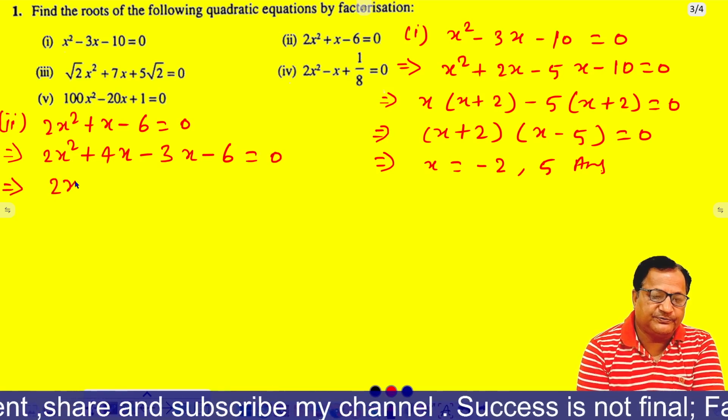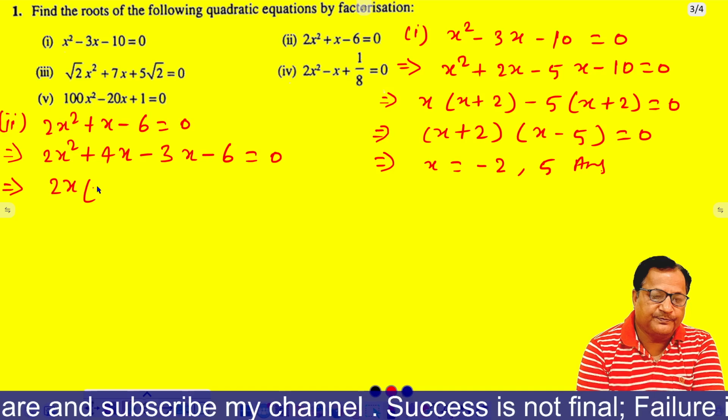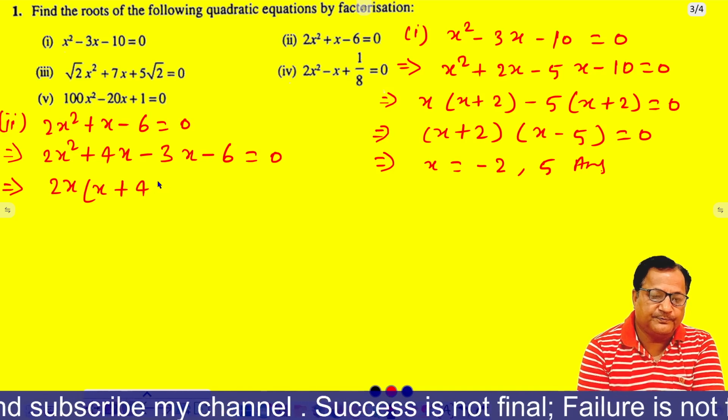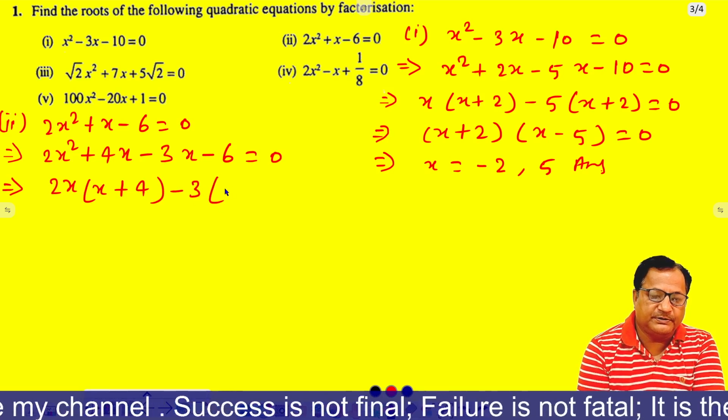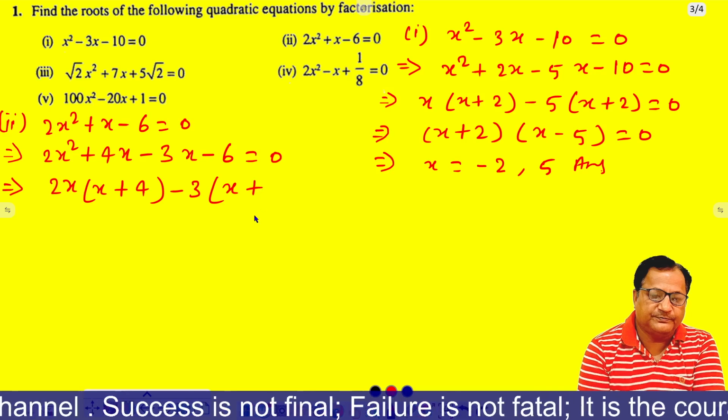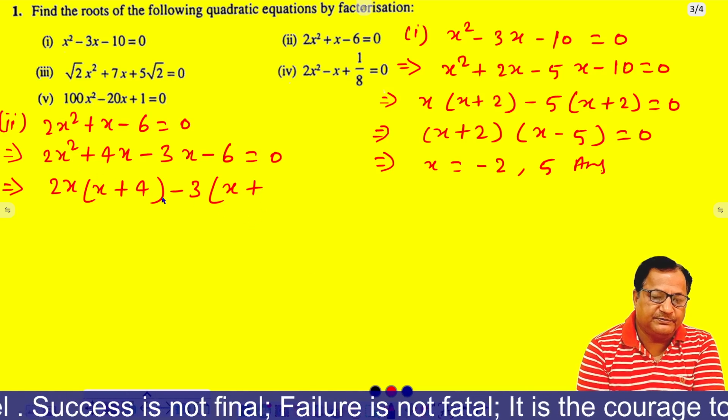Take common 2x, x plus 2; take 3 common, then x plus 2.